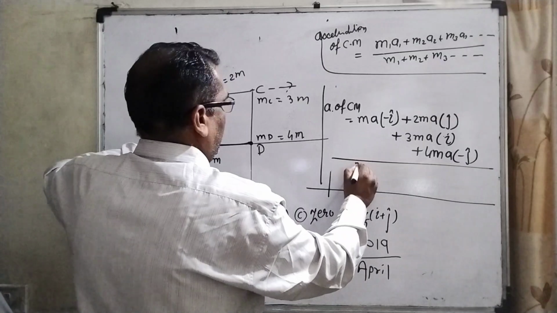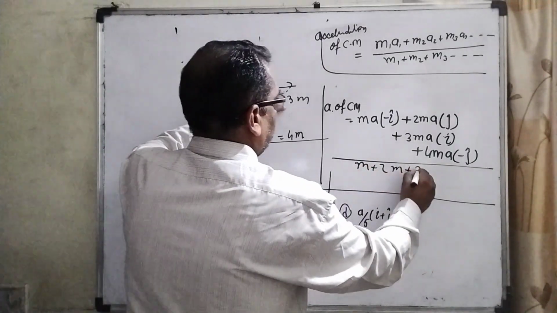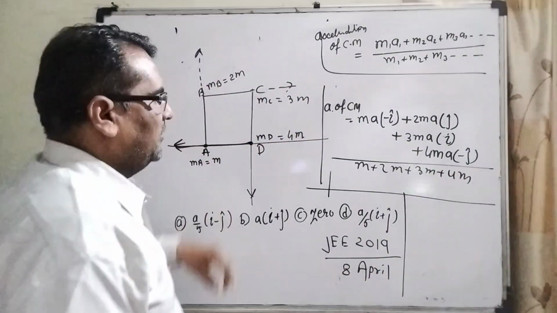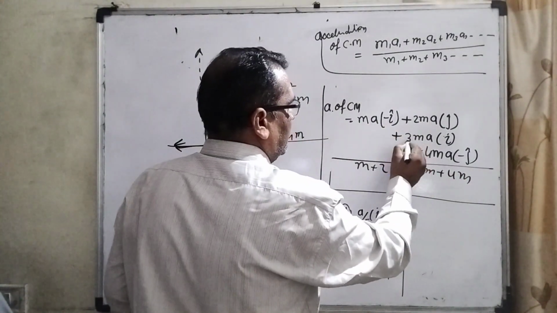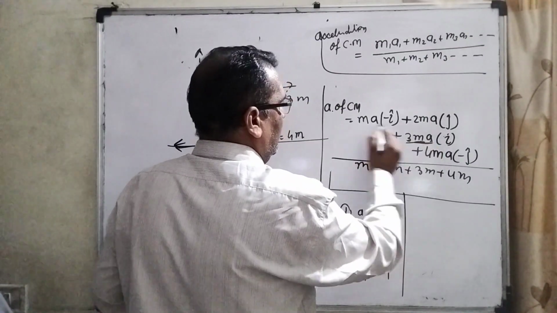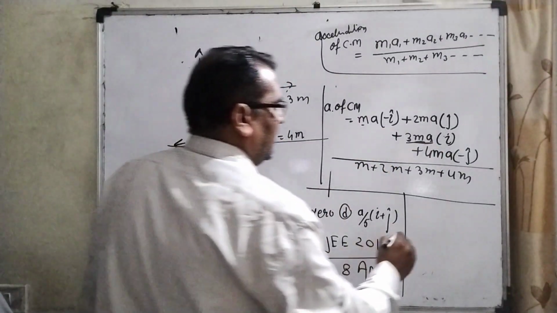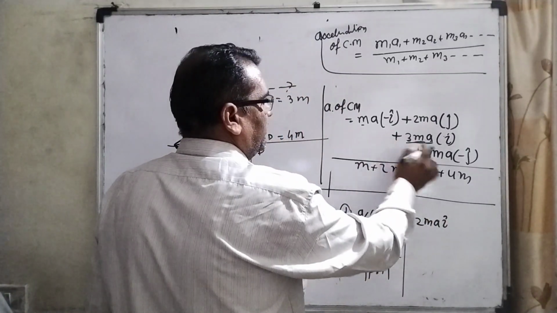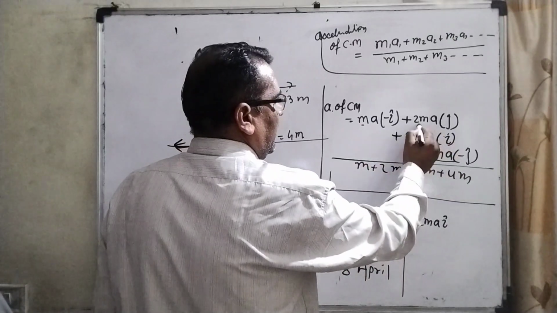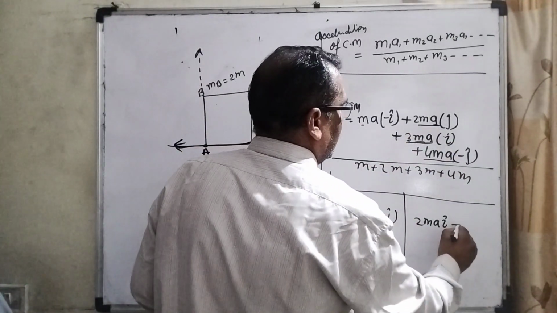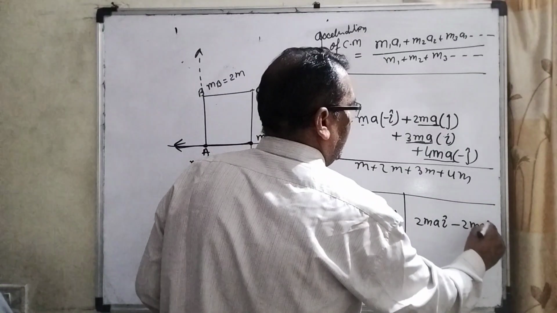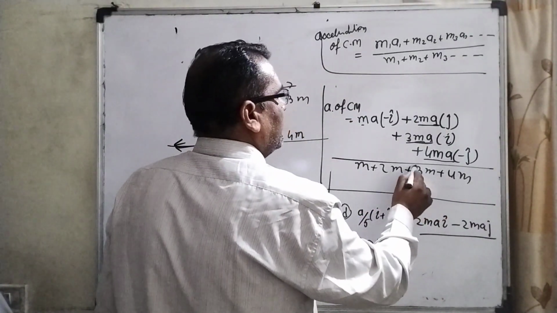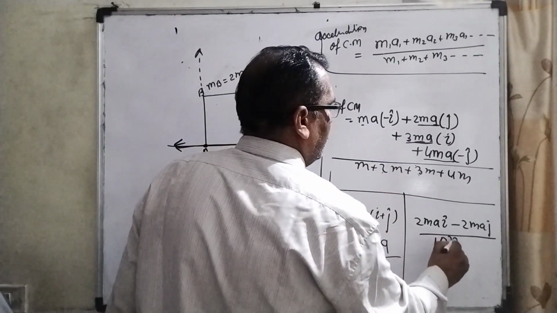What is the total mass? m plus 2m plus 3m plus 4m. First, we find the value: 3ma and ma can be written as 2ma i, and 4ma j and 2ma j, then minus 2ma j, upon 4, 5, 6, 7, 8, 9, 10, that is 10m.